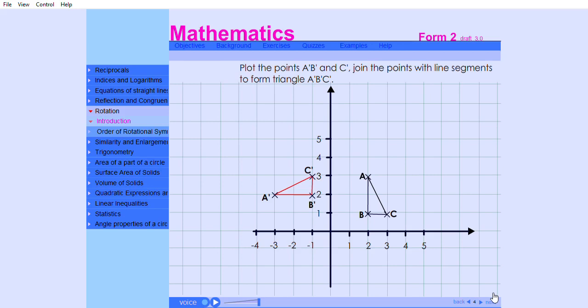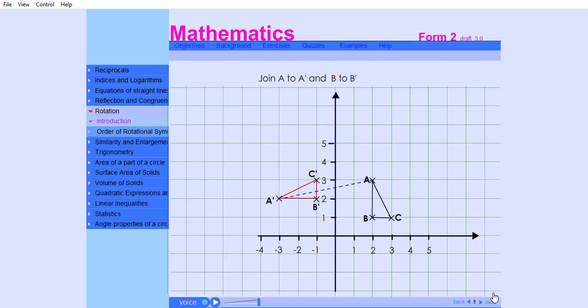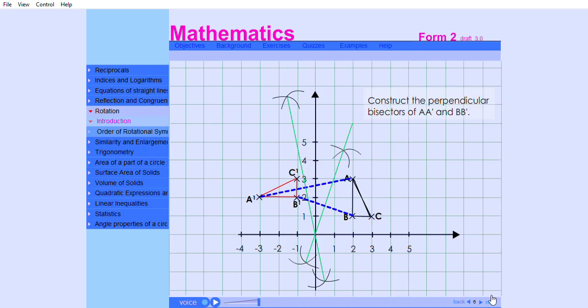Join the points with line segments to form triangle A1B1C1. Join A to A1, B to B1. Construct the perpendicular bisectors of AA1 and BB1.